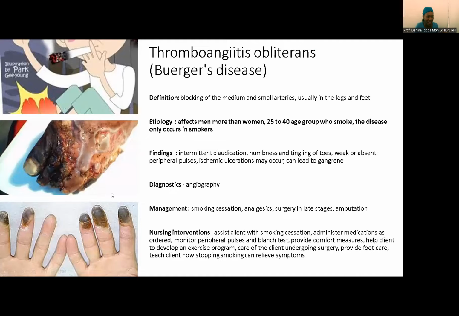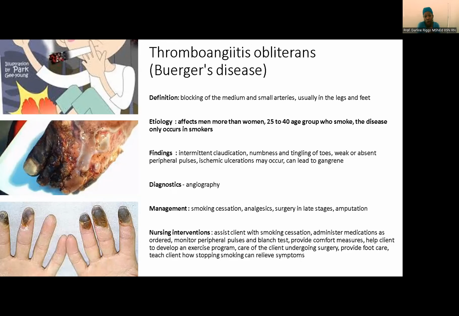Okay. Here's another one that's on NCLEX, similar, but causes are different. Thromboangiitis, also known as Buerger's disease. Now, this is the medium and small arteries again, that intermittent claudication again, same patho of what's happening. Okay, this one is more in men than women, definitely in smokers. This disease only occurs in smokers.